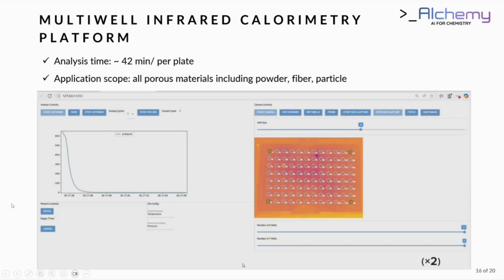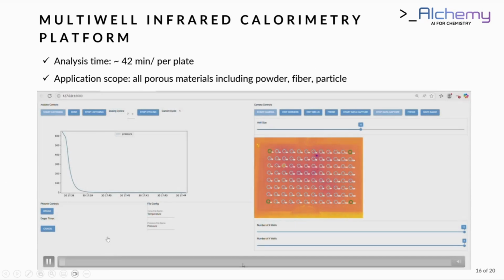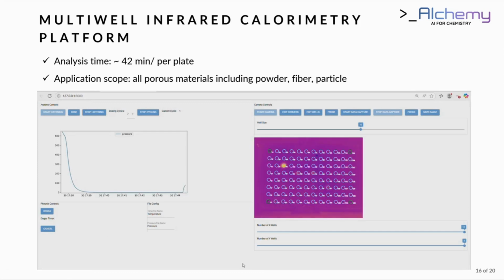And here is a short demo of the platform in action. During the first CO2 dosing, you can clearly see the wells containing the porous materials light up as heat is released during the absorption. Once dosing stops, the heat dissipates into the plate until equilibrium is reached. You can see on the upper left that the pressure is not increasing anymore.